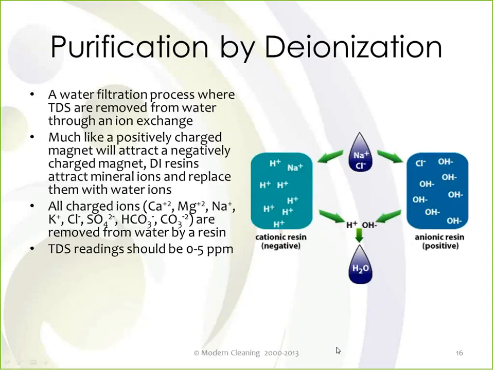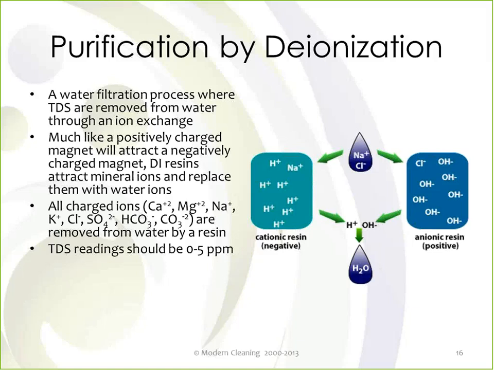Now here's the purification by deionization, and this is what we're here to talk about today. You do remove ions from water. That's why it's called deionization. It's much like playing with magnets, where the positive end of one magnet is attracted to the negative end of another.